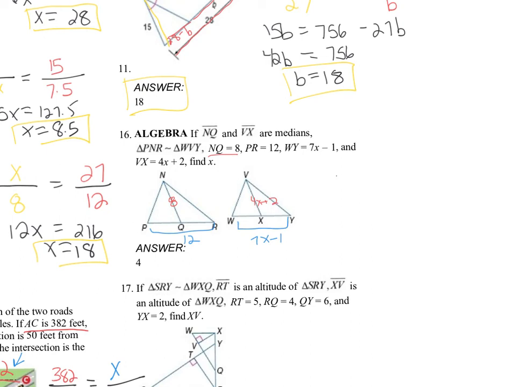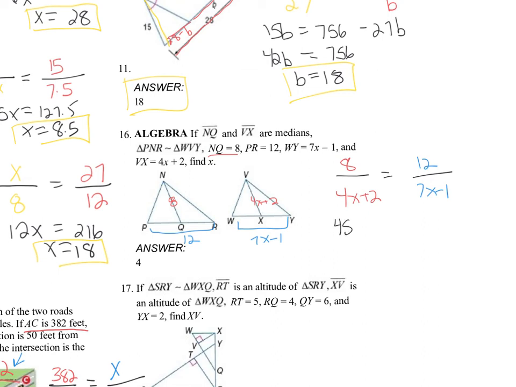Now I'm ready to set up my proportion, and I'm going to have the proportional parts 8 to 4x plus 2, and then 12 to 7x minus 1, and then I'm going to do the distributive property while I'm cross multiplying.